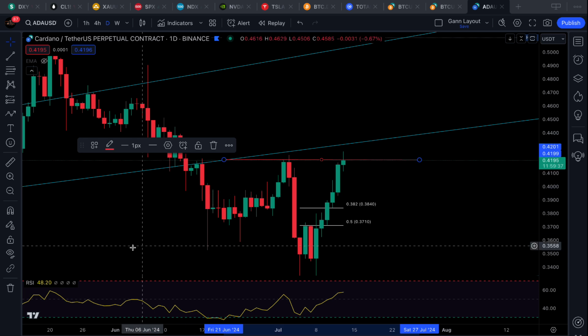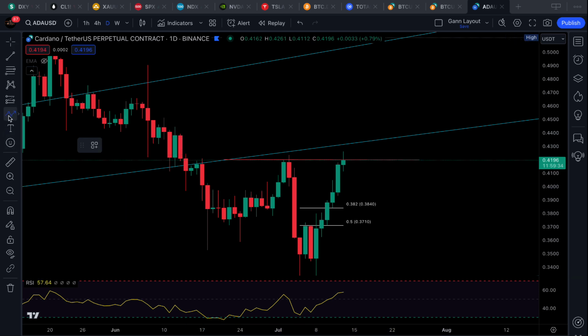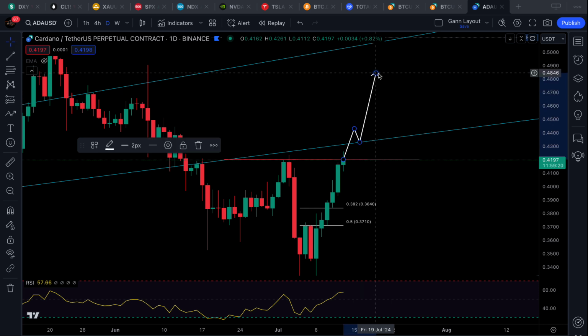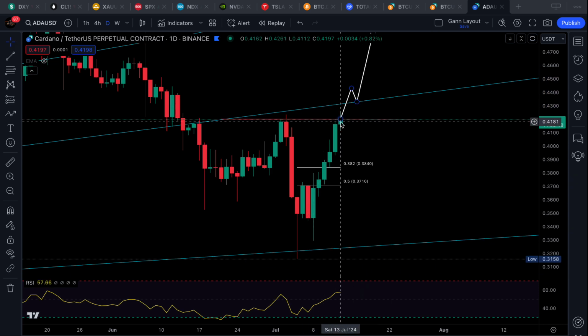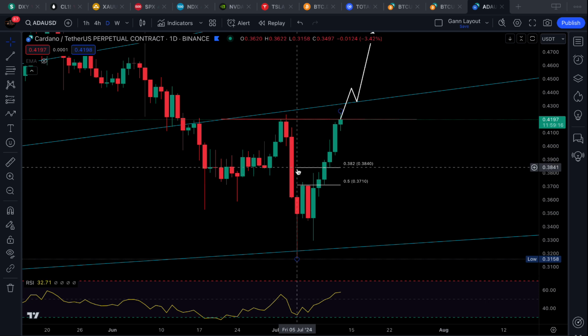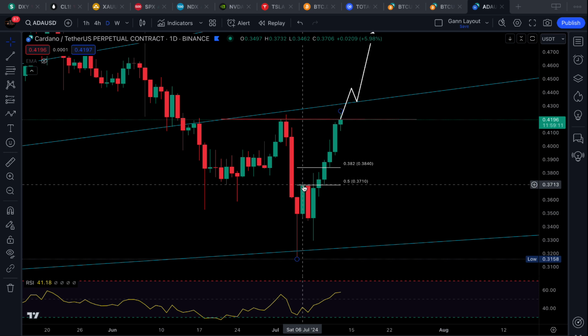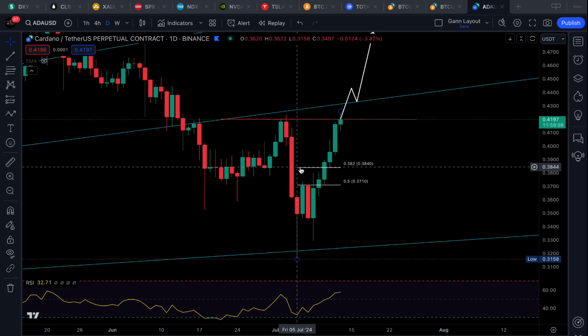What ADA needs to do to be bullish is either get above 42, preferably above 43.5, and hold it as support. If this happens, then yes, ADA is bullish again. Or if it retraces now, it needs to hold between the 0.5 and the 0.382, between 37 cents to 38.4 cents.